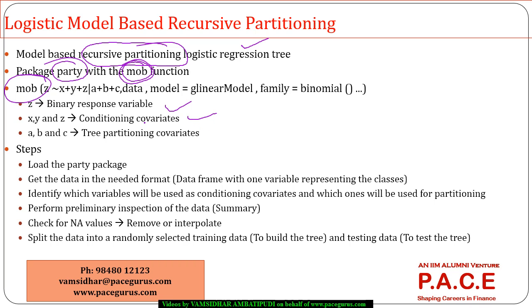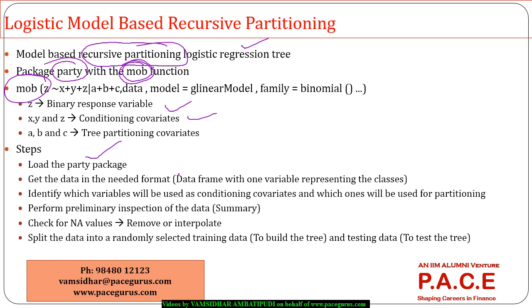X, Y, Z are conditioning covariates, those variables which I want to be a part of the model, and A, B, C are the partitioning covariates, the variables with which the tree will get partitioned. The model is a G linear model, which is what we call a generalized linear model. And if I set family equal to binomial, then I'm setting it as a logistic model based recursive partitioning. So that is what we will try to do.